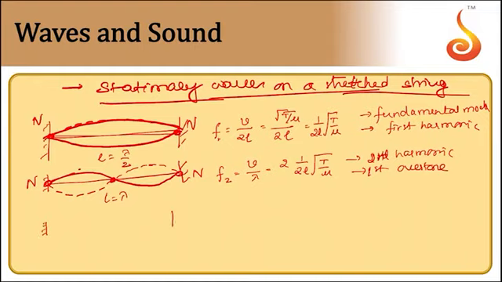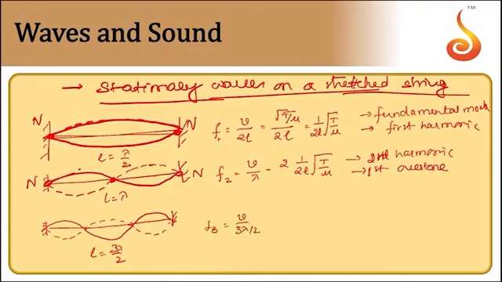In the next mode of vibration, I am expecting clearly 3 loops. Therefore L is equal to 3 lambda by 2, and F3 becomes V divided by 3 lambda by 2, so 3 times 1 by 2L square root of T divided by mu, and this is the third harmonic, or the second overtone.